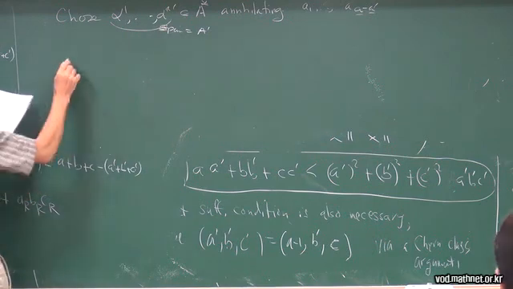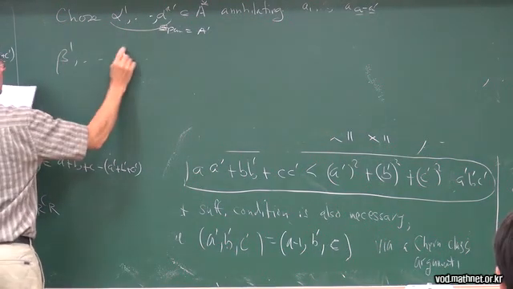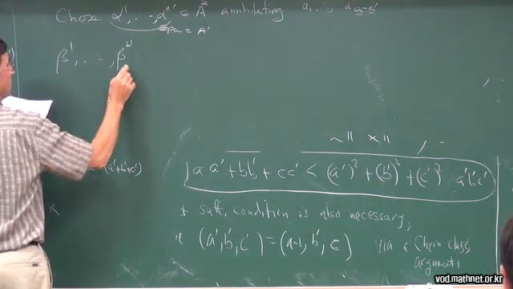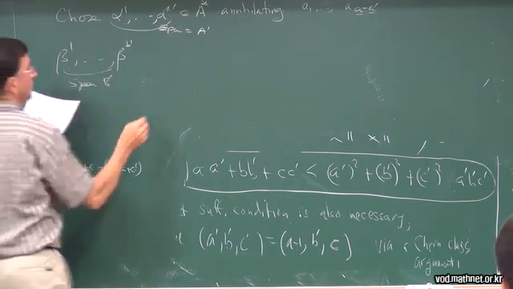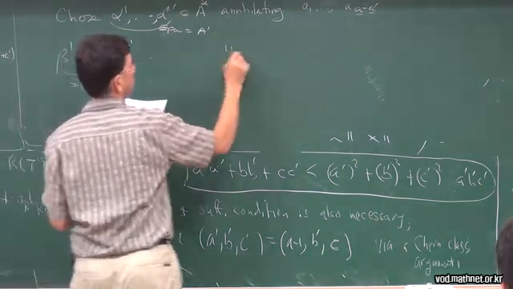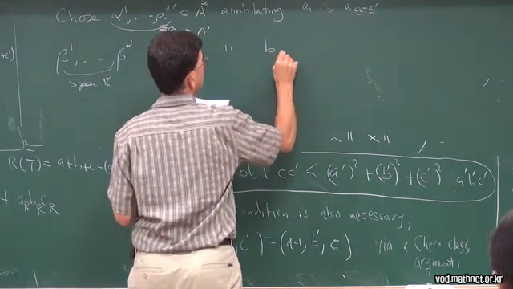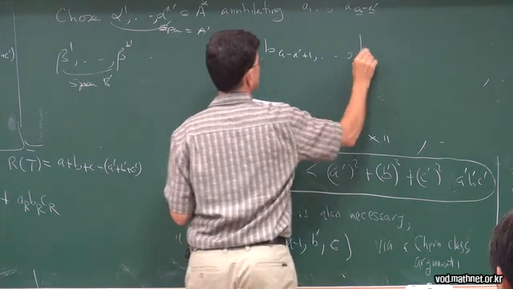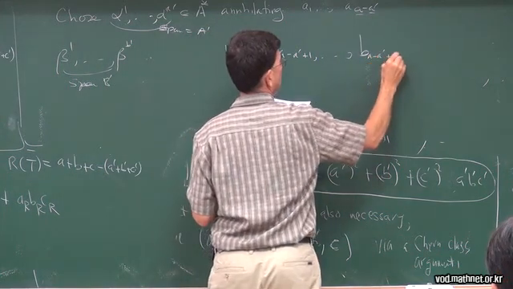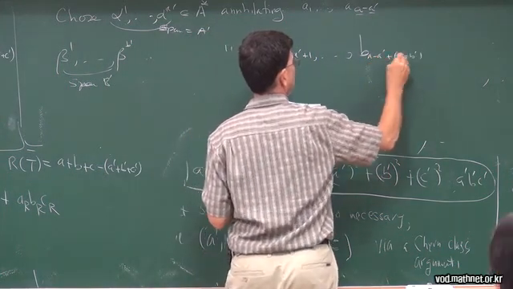And then we'll choose beta 1 up to beta B prime, and their span will be B prime, annihilating B A minus A prime plus 1 up to B A minus A prime plus B minus B prime.